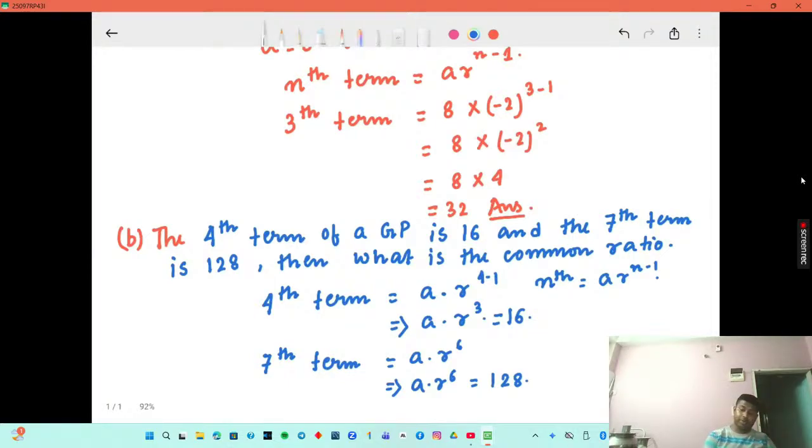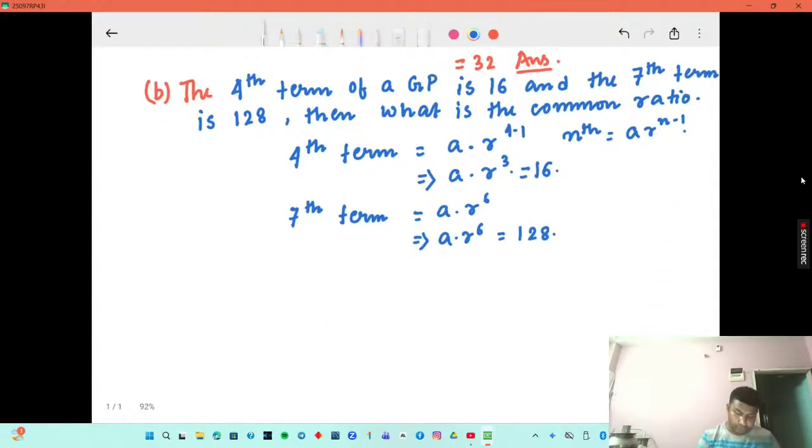Is it okay? So now here we have to find the common ratio, means we have to find the value of r. So we can write a into r to the power 6 divided by a into r to the power 3 is equal to 128 by 16.